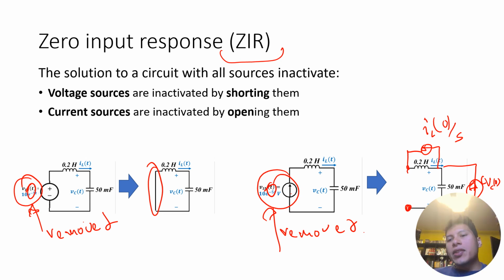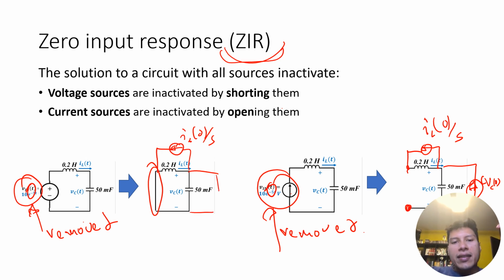So basically, you would just use the circuit models we derived in the previous lecture. Yes, and it is times the capacitance. So you would analyze this circuit in order to get what the zero input response is. And in this case, it would actually have a current source driving this way, ILs of 0 over S.